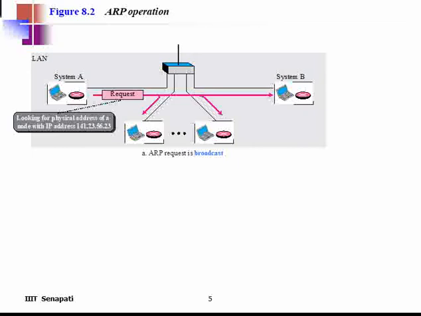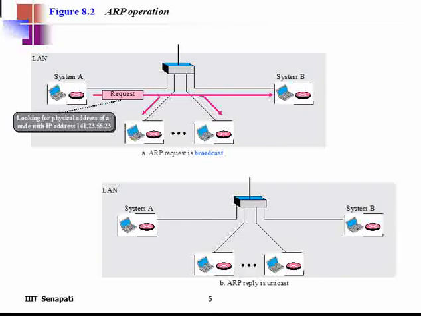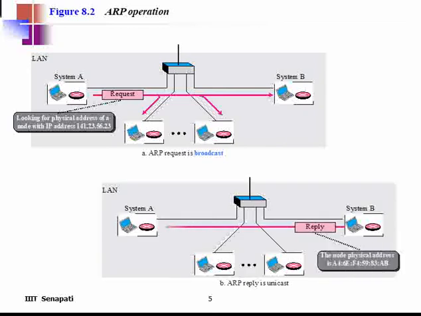So the node whose IP address matches will send the reply message. Okay, so you can understand that the ARP request message is a broadcast; it goes to all the connected nodes. However, the ARP reply is a unicast message because it knows from where your ARP request came.